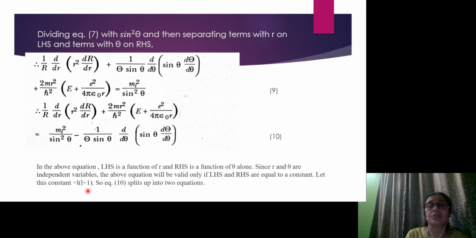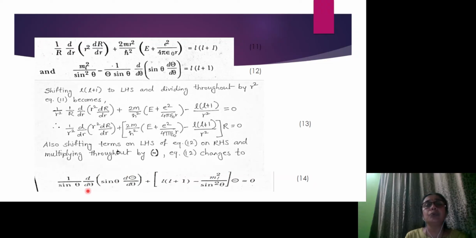So this equation number 10 splits up into two equations: 1 upon r d by dr of r square dR by dr plus 2m r square upon h cross square into E plus e square upon 4 pi epsilon 0 r is equal to L into L plus 1. This is equation number 11. And ml square upon sine square theta minus 1 upon theta sine theta d by d theta of sine theta d theta by d theta is equal to L into L plus 1. This is equation number 12.